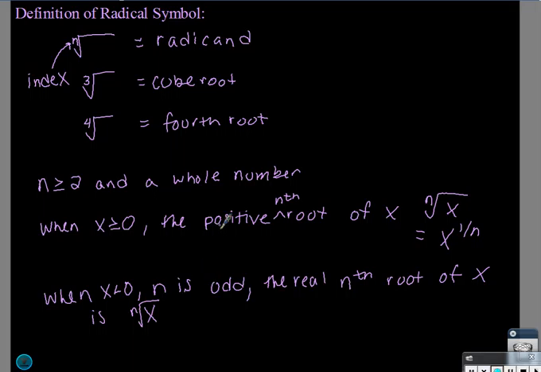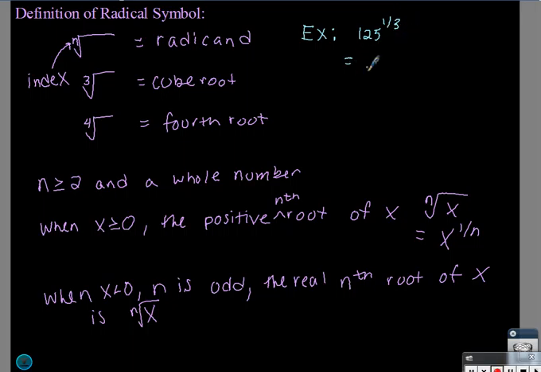So maybe we want to talk about what that means. That's basically just another way of doing our problem. Before, in our last video, we did 125 to the 1/3 power.